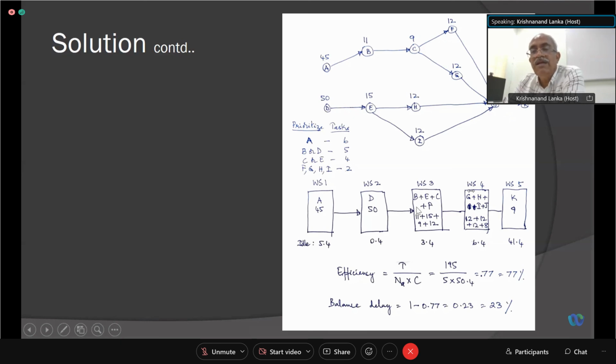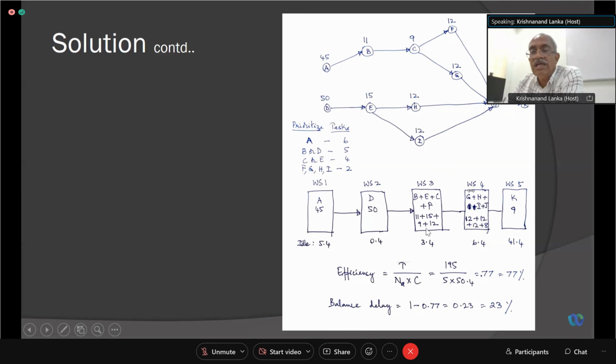And similarly, we have included E because D is already completed in workstation 2. So this is what we mean by without violating technological precedence, you should allocate work elements, task times, to each workstation. Like this, you try to allocate.